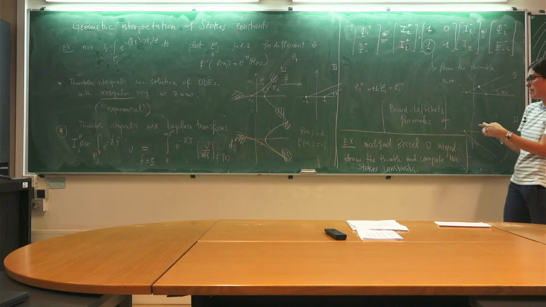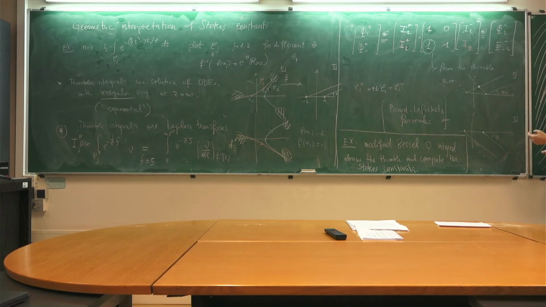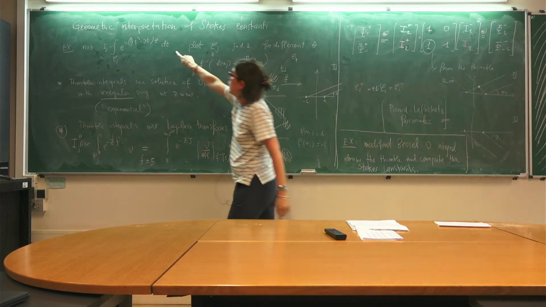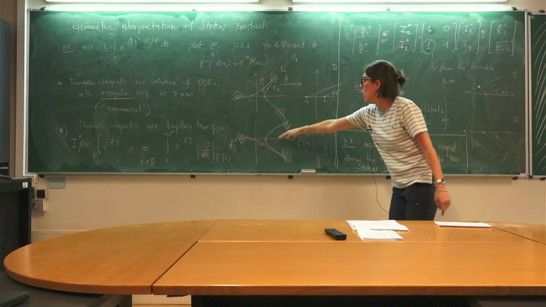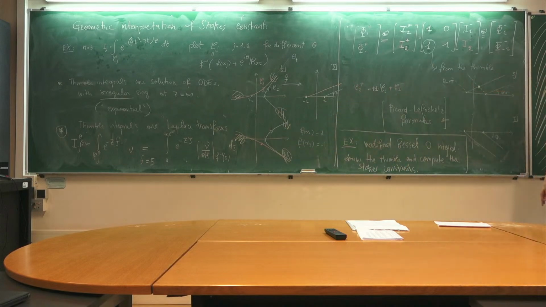You compute the pre-image of a ray like this and a pre-image of a ray in the direction theta minus plus pi. Once you compare the two pre-images, you see how many times they intersect. If you do the exercise for this one, you see that they will intersect only once. If you do the exercise for this other one, you will see something else.